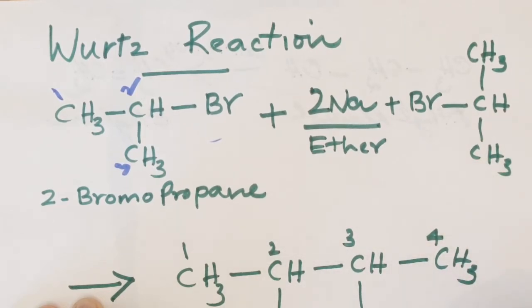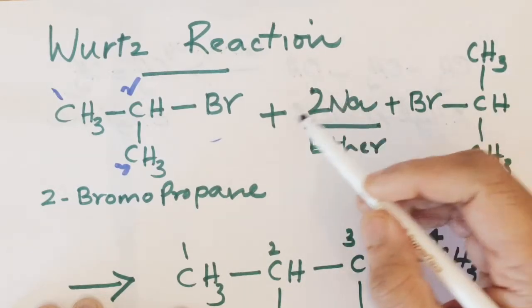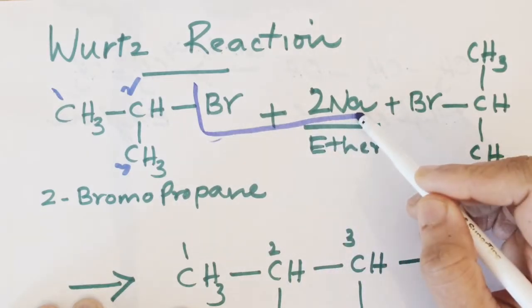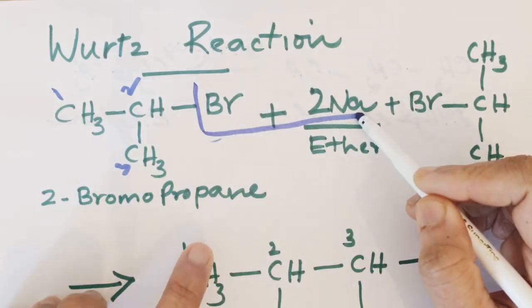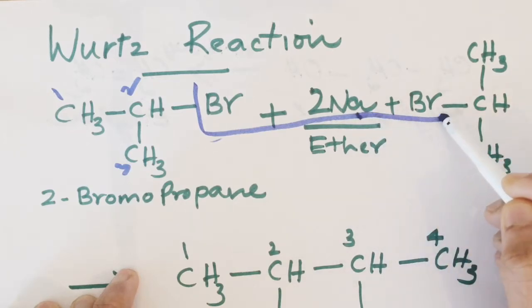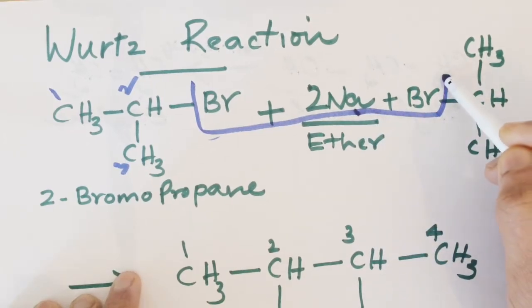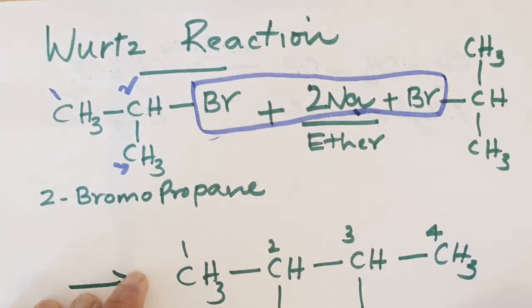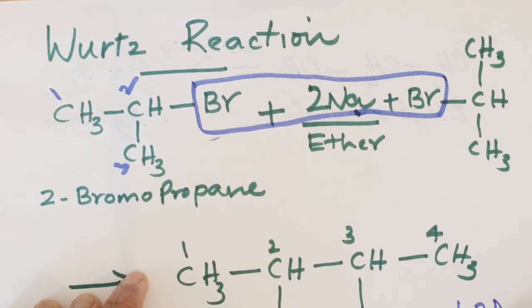branched hydrocarbon. So the reaction is taking place, as I explained earlier: the halogen combines with the sodium, so we'll get 1 sodium bromide. Similarly, the sodium combines with another halogen, so we will be having 2 sodium bromide.